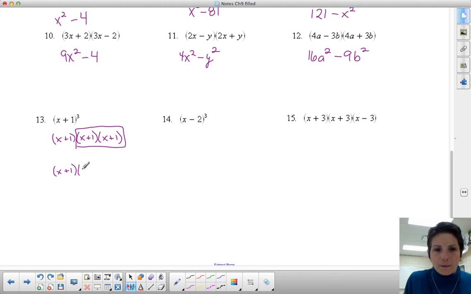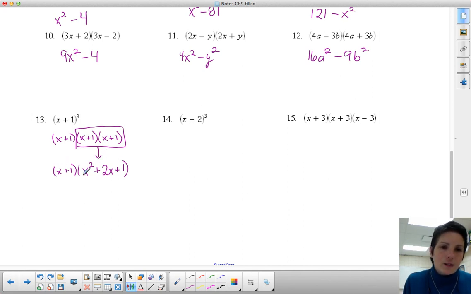They're exactly the same, so we do the first term squared. It's an addition, so 2 times the first times the second term, that's 2 times 1x, so 2x. And then the second term squared, 1 times 1 is 1.